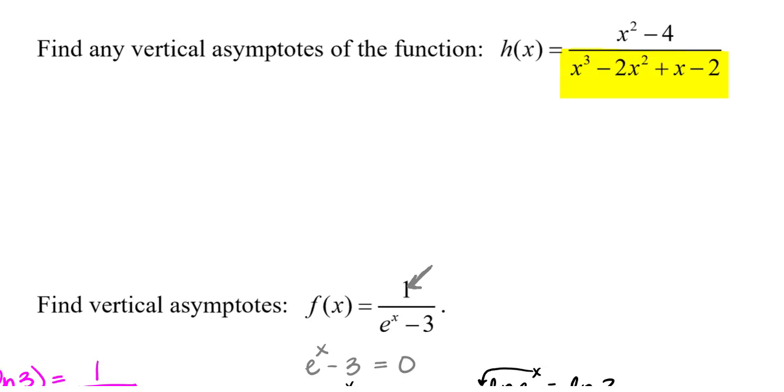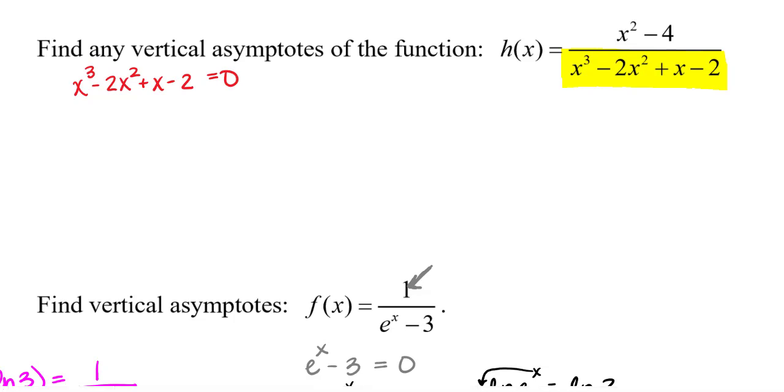So let's take a look at where this denominator is 0, and we're also going to have to look at the possibility of us having 0 over 0 because that will not turn out to be a vertical asymptote. But let's just start by how do I set x cubed minus 2x squared plus x minus 2 and figure out where that denominator is 0.